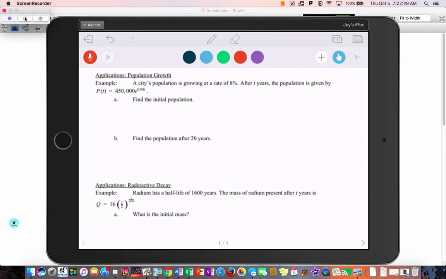All right, last couple of examples. City's population is growing at a rate of 8%. After T years, the population is given by this formula. We use E for population growth because it's continuous growth.